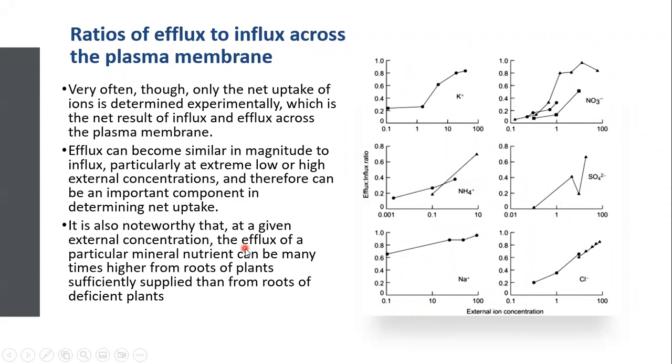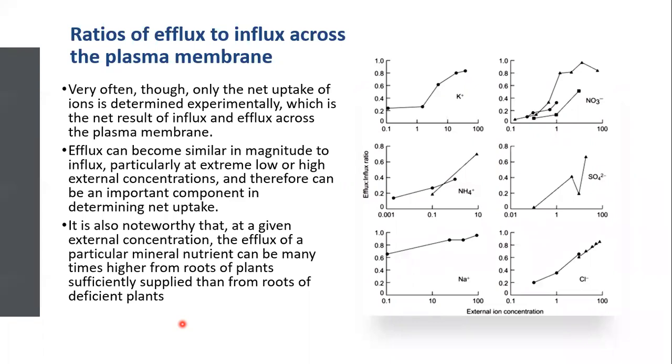It is also noteworthy that at a given external concentration, the efflux of a particular mineral nutrient can be many times higher from the roots of plants sufficiently supplied than from roots of the deficient plant. So this is basically the conclusion of this slide: the movement of ions is dependent on the external concentration. If you have a high concentration, the movement is different; when you have a low concentration, the movement is different.